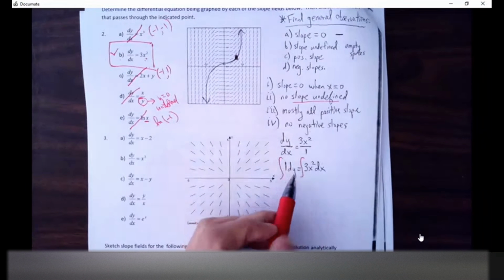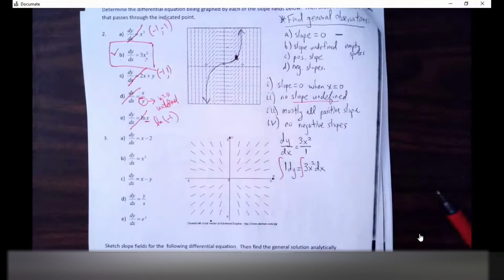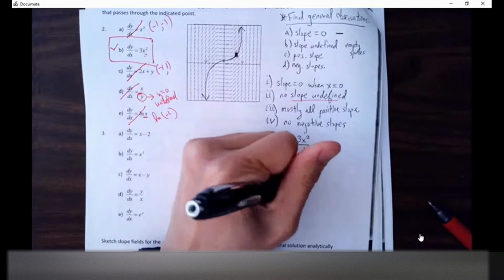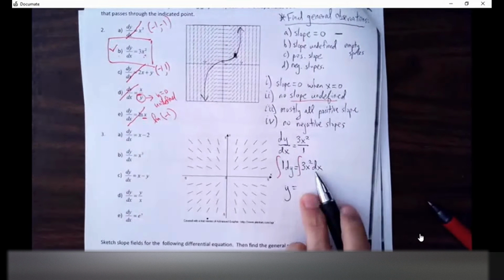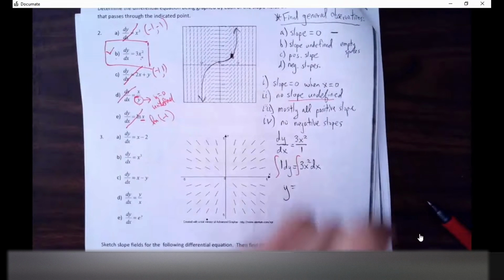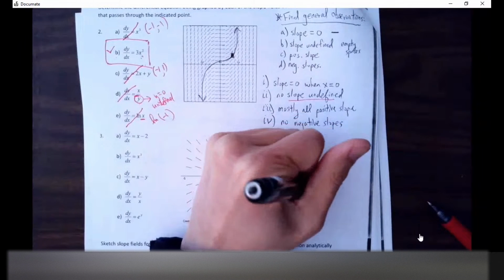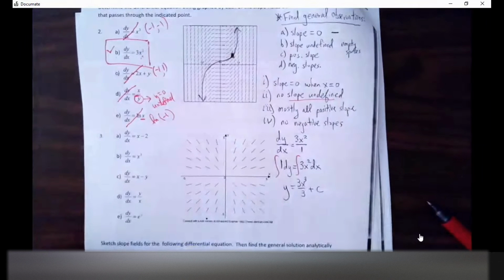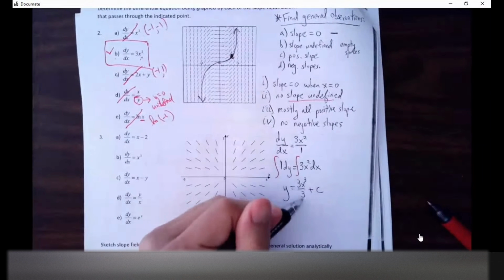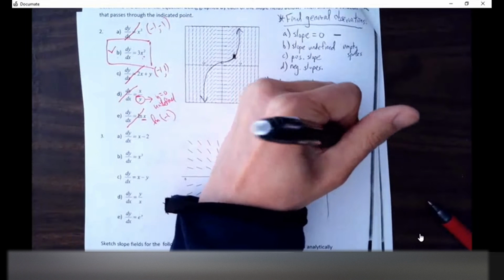So 1 dy becomes y. And then 3x squared, go through the power rule, we get 3x cubed over 3 plus c. Okay. The 3 cleans up nicely, cancels out, and we're left with y is equal to x cubed plus c.